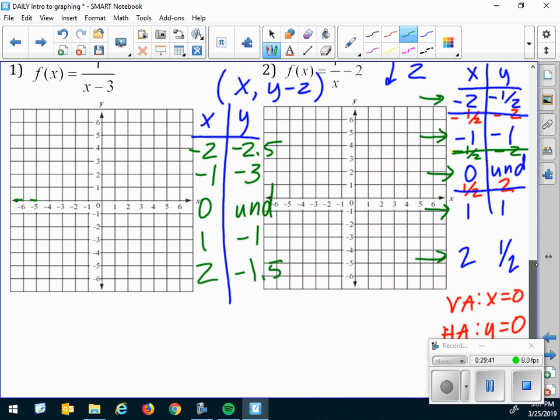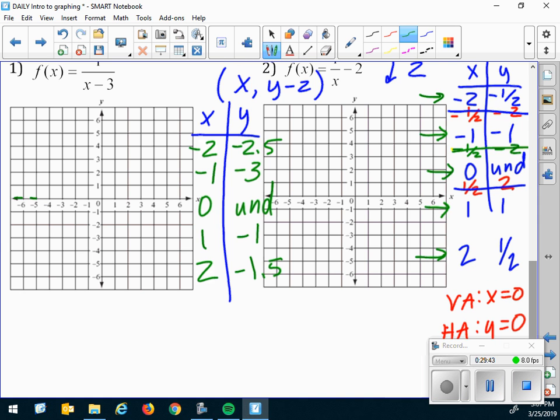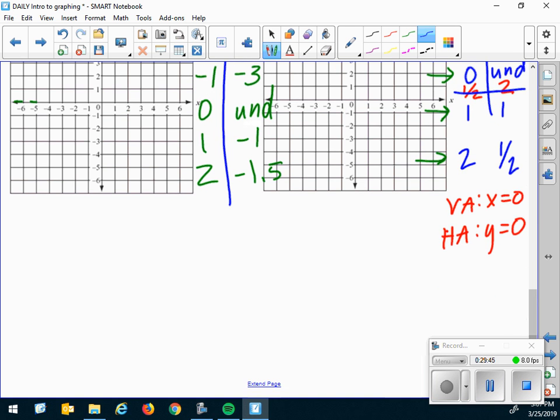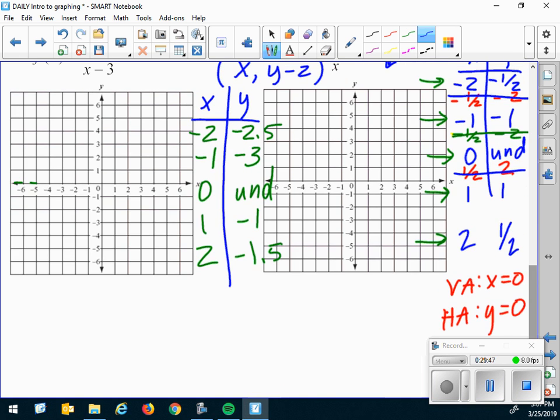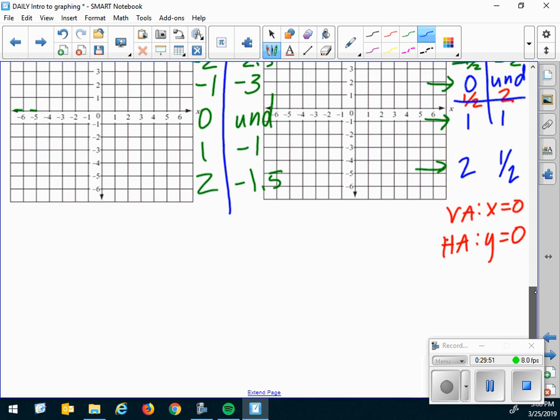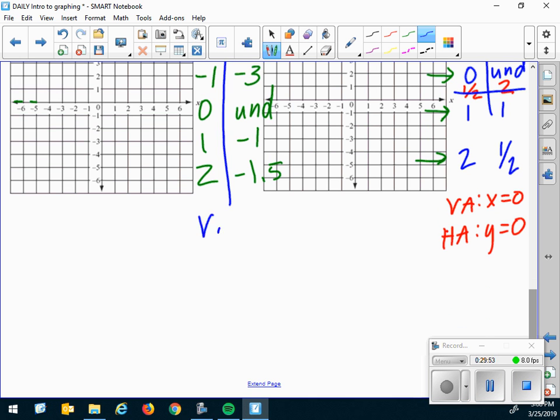Now let's talk about your asymptotes. Which asymptote stays the same? The x one, which is the vertical. So vertical is x equals 0. Horizontal goes down 2.